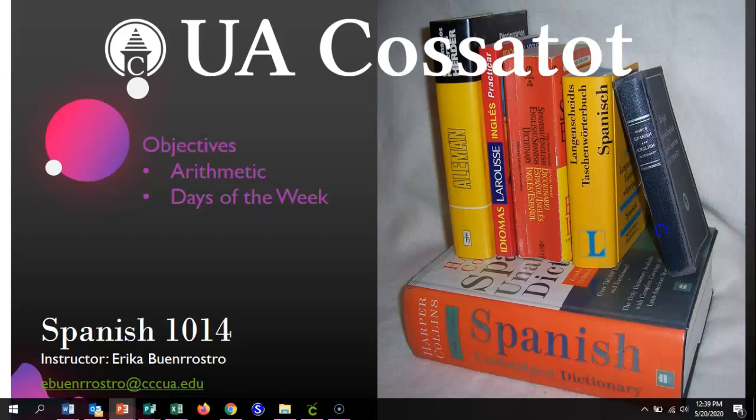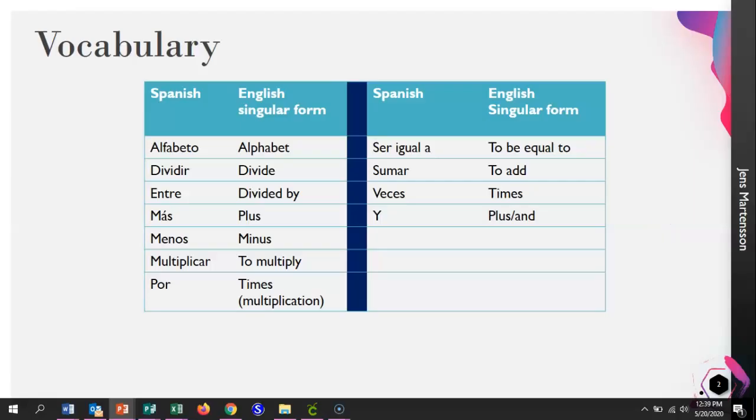Vocabulary for this week: alfabeto, which is alphabet; dividir, with a V, don't forget that V; entre, which is divided by.